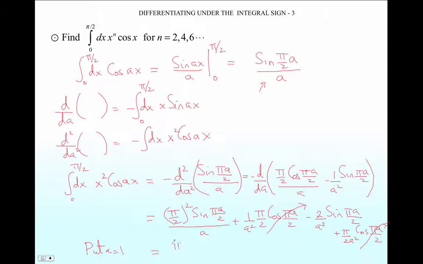And so we have pi squared over 4. And from here, we'll have minus 2. Of course, we could continue this, differentiate 2 more times, then we'd get the answer for n equal to 4, differentiate twice again, and we'll get the answer for n equal to 6. Clearly, this is a very nice, convenient way for doing this kind of integral.